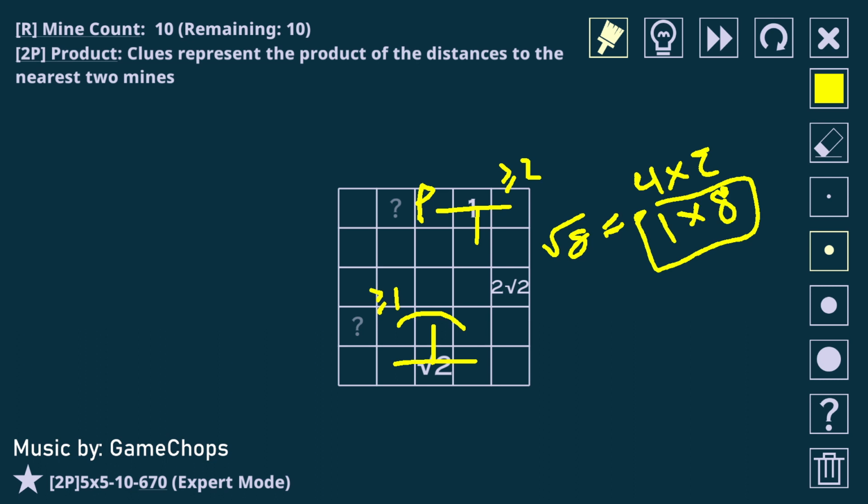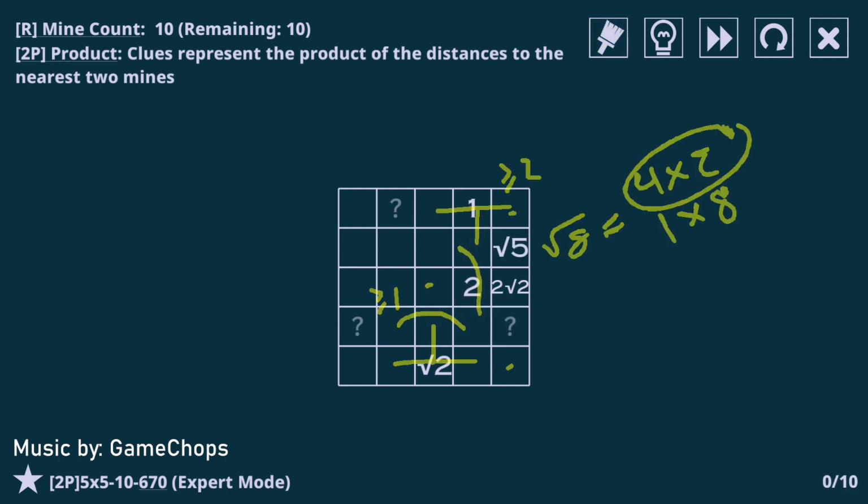Yeah, the fact that the rule is nearest 2 mines is something. So this can't be the mine that you're counting, right? It has to be this one. It has to be 4 times 2. Which means one of those is a mine, plus this root 2, which means one of those is a mine. And nothing is closer. Exactly, nothing is closer, meaning none of those are mines.